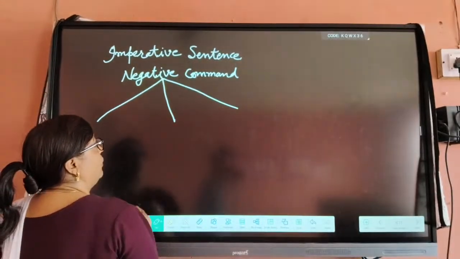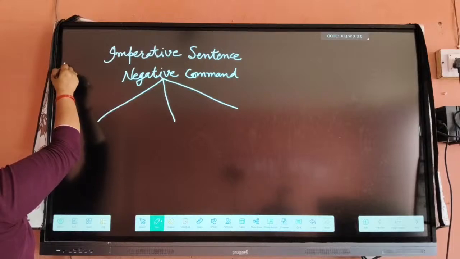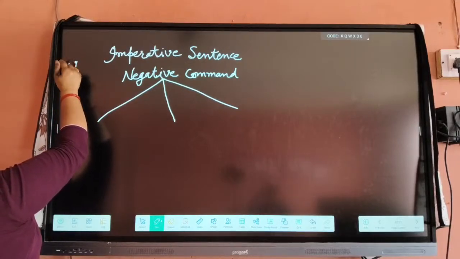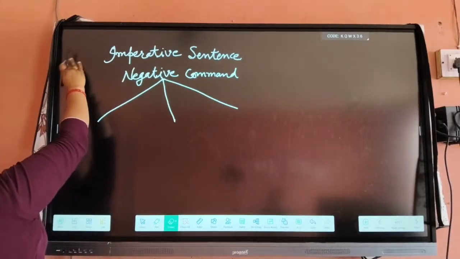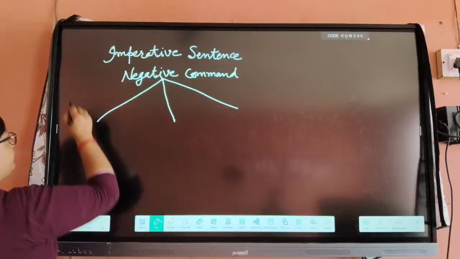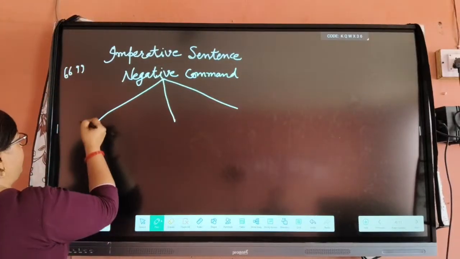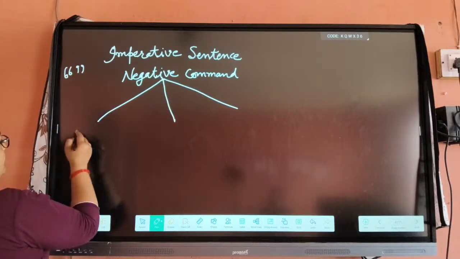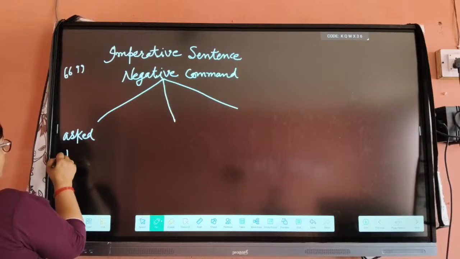We can divide negative command into three parts. Here also we have to change our inverted commas. How? We can change our said to into asked or told.